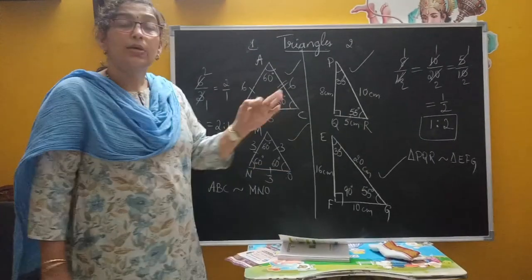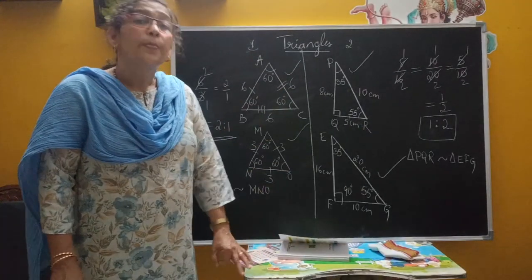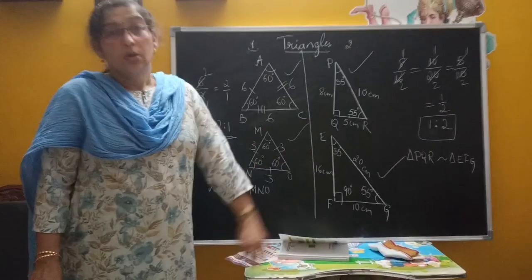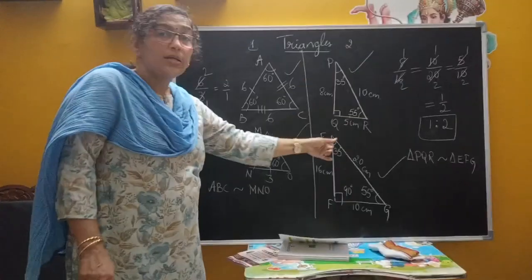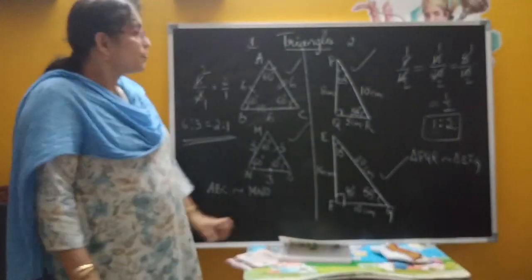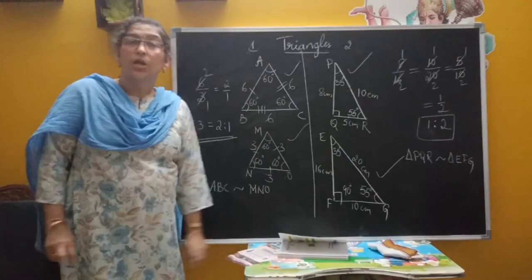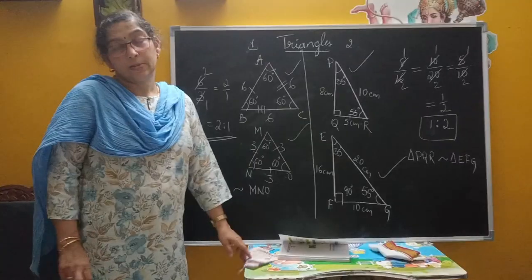Equality of ratio is called proportionality. Two ratios are equal, therefore the sides are in proportion. So this is the definition of similar triangles.